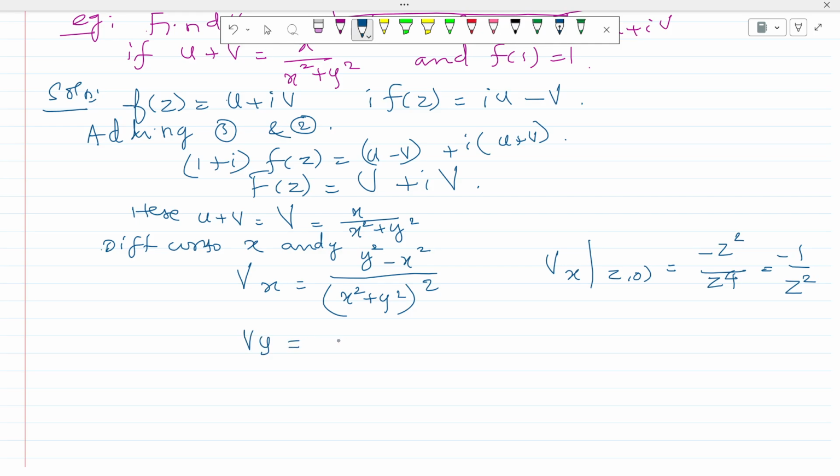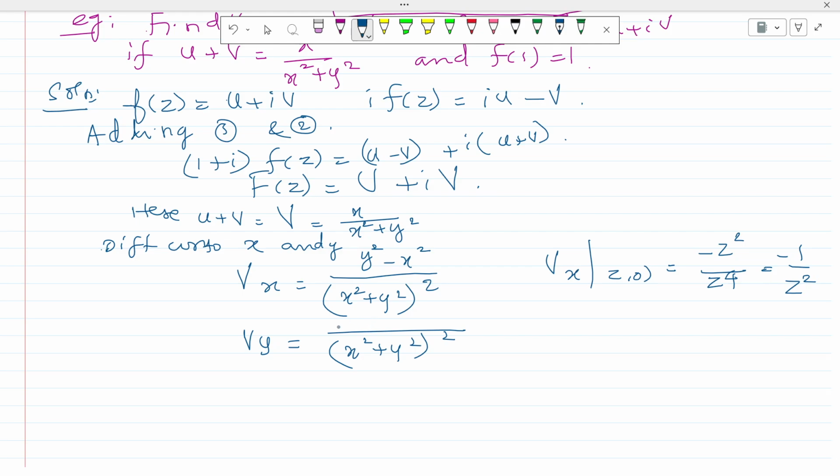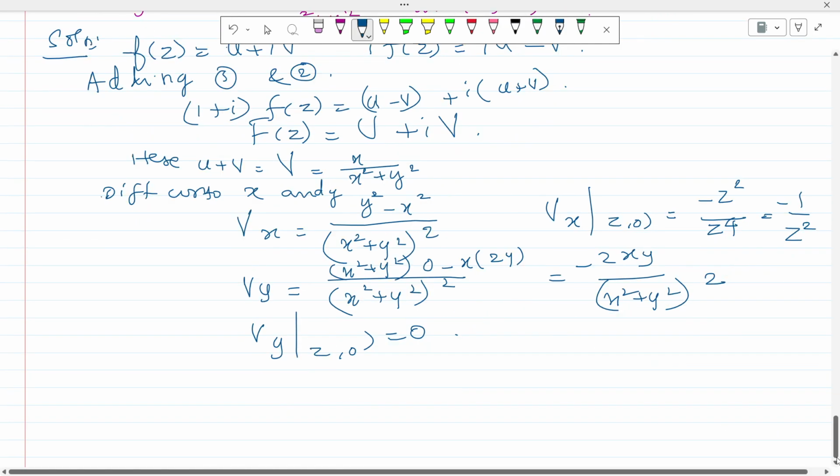Vy equals, in the numerator, x square plus y square times the derivative of x, which is 0, minus x times 2y, that is minus 2xy, divided by x square plus y square whole square. Therefore, Vy at (z, 0) equals 0.